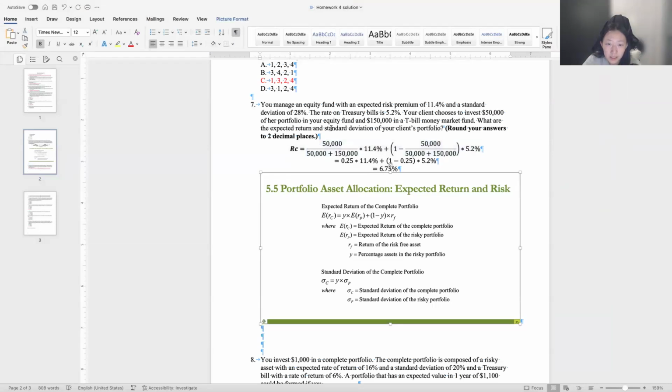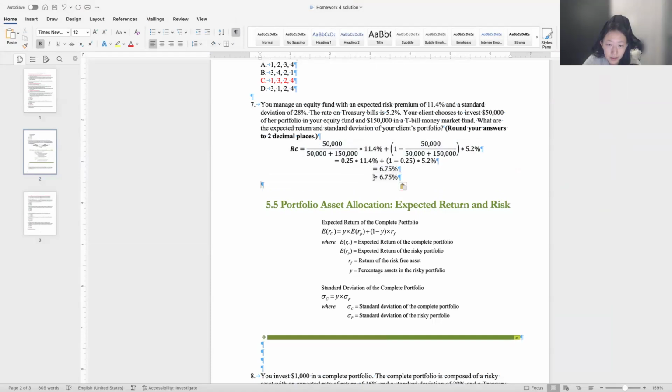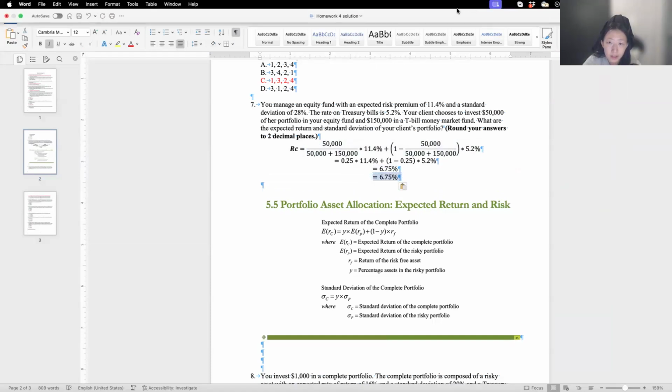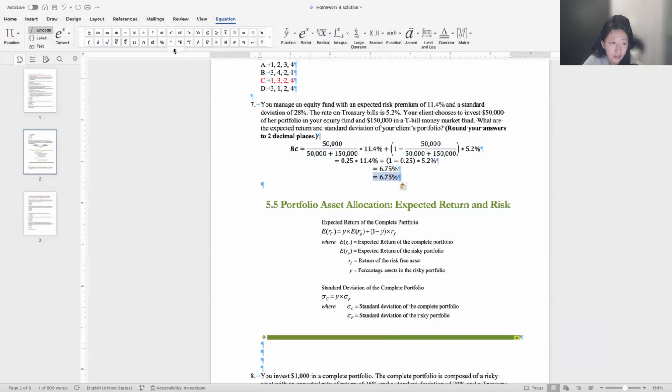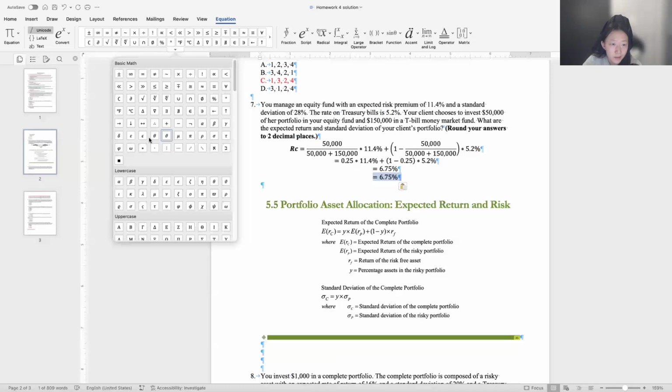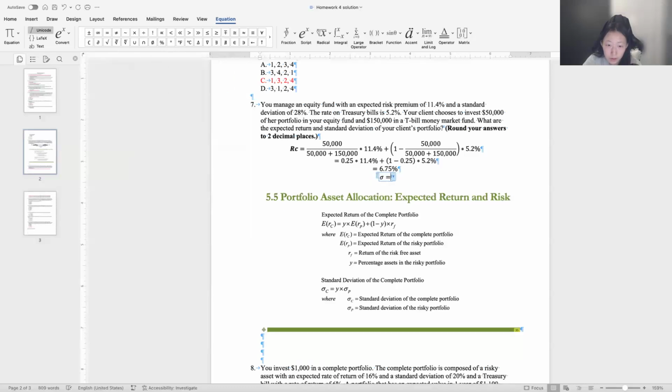6.75%. And then standard deviation. Standard deviation's notation is sigma. So I'm going to use sigma equals 0.25, the value for y, times the sigma of the risky asset, which is 28%.